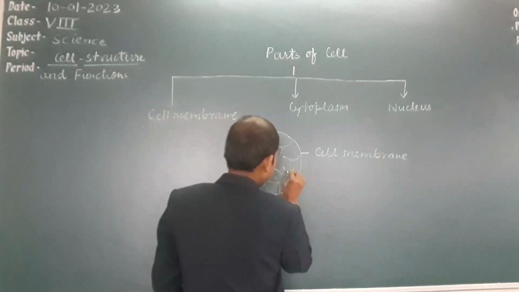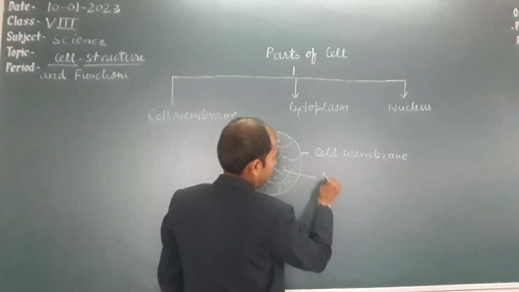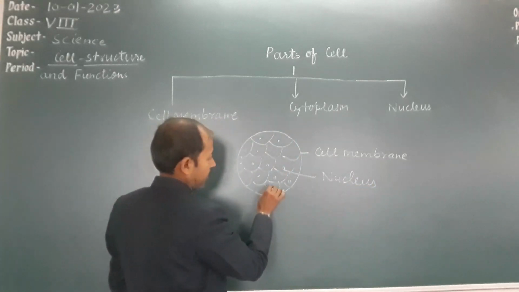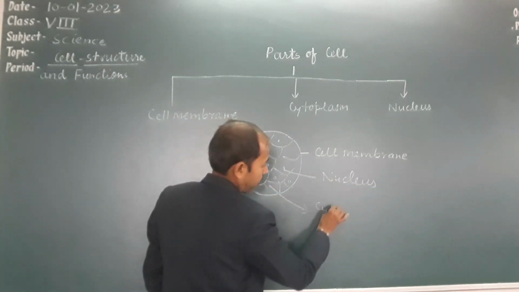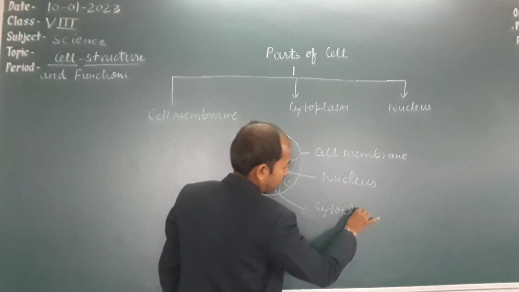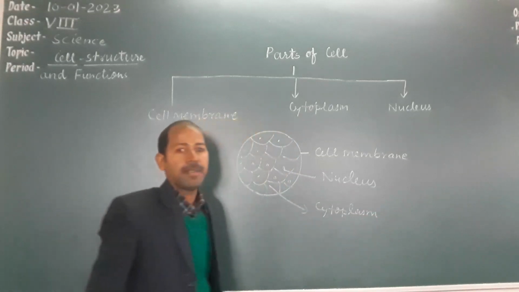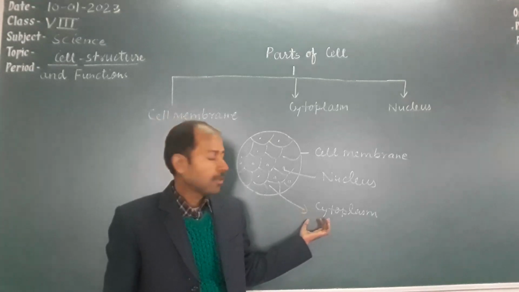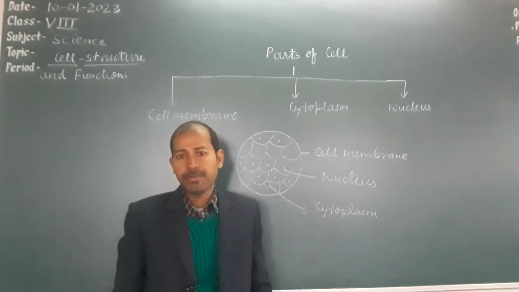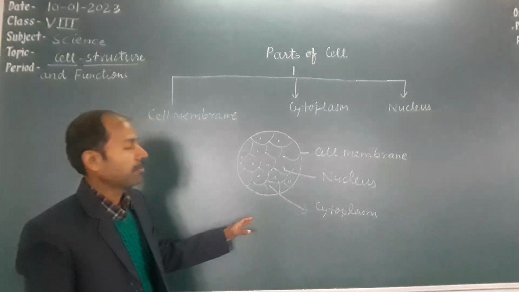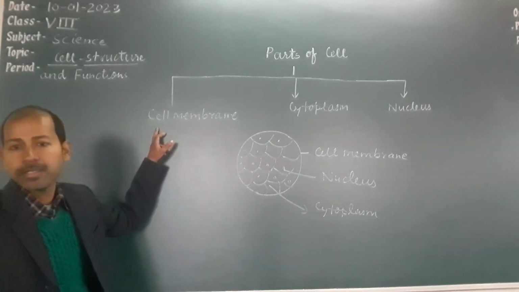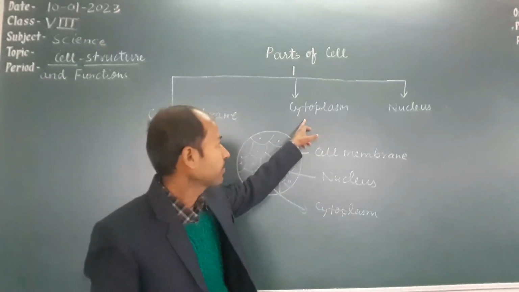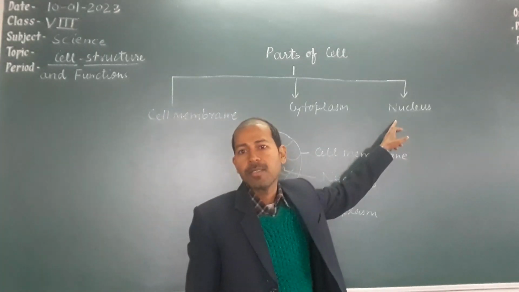It is the nucleus, and cytoplasm. It is a fluid which is present in all types of cell. So there are three parts of a cell. First is cell membrane, second is cytoplasm, and third is nucleus.